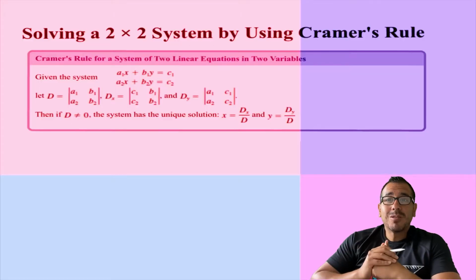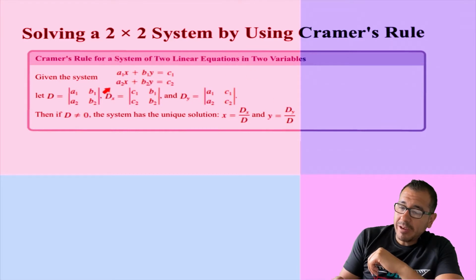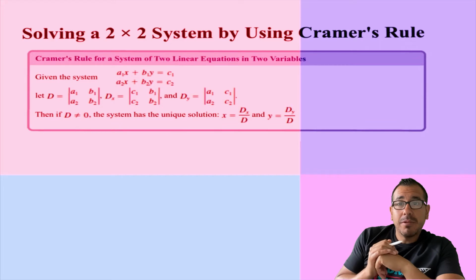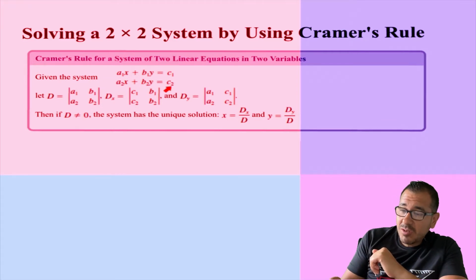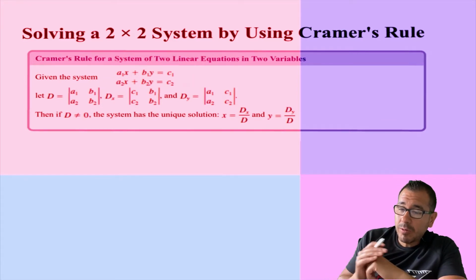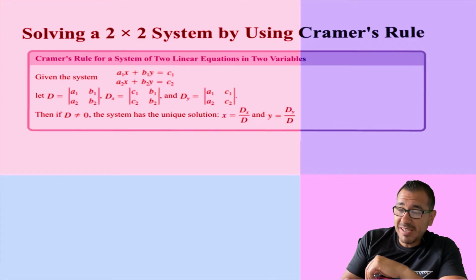All right, folks, so let's go ahead and look at Cramer's Rule here. This is going to be our definition and the process that we're going to use to solve these 2x2 systems of equations. When we have this 2x2 system of equations, we're going to be finding our D, Dx, and Dy.